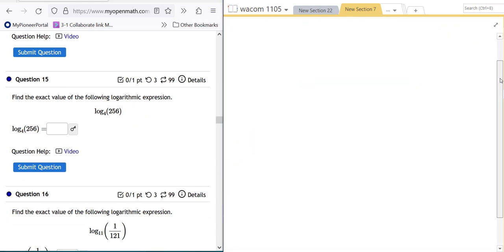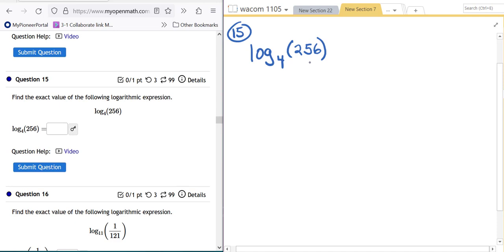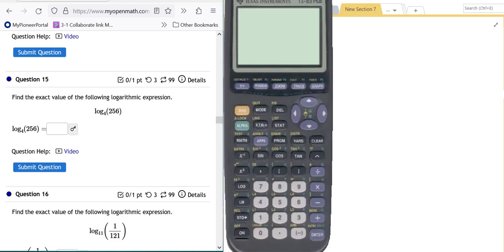Here's another one, just so we're comfortable with it. We have log base 4 of 256, and they would like an exact answer. We're going to try to rewrite 256 as 4 to some power. You would just play with it on your calculator.